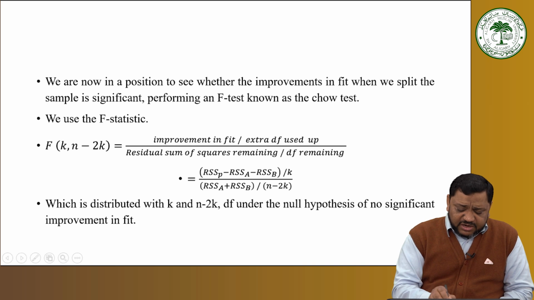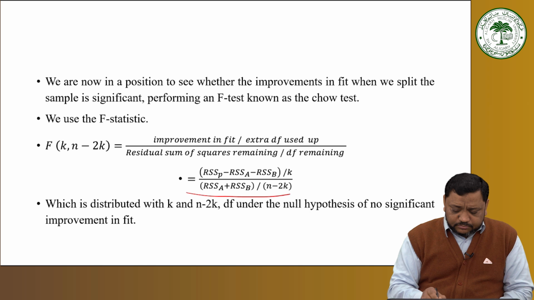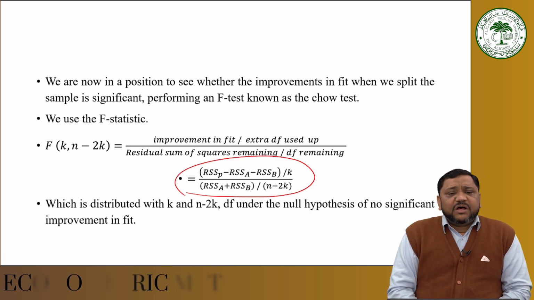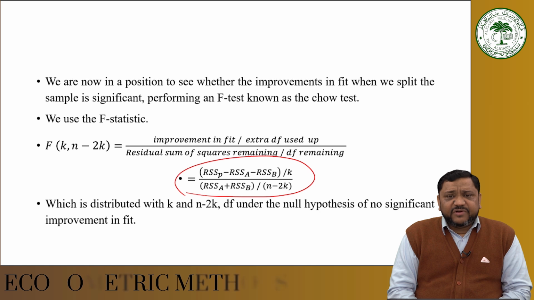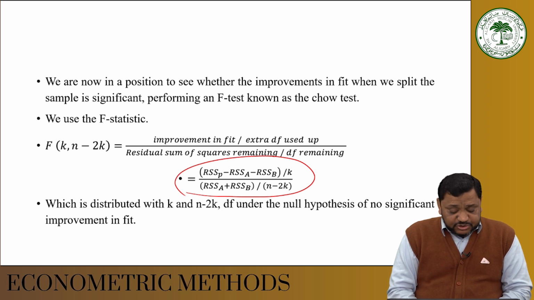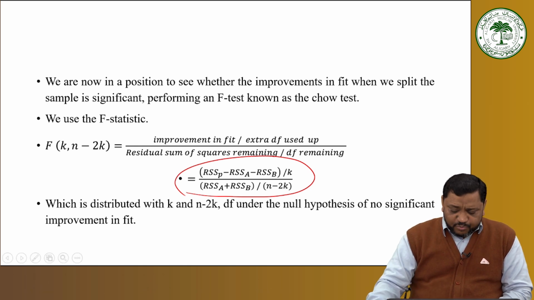More specifically, F = [(RSS_pooled minus RSS_A minus RSS_B) divided by k] divided by [(RSS_A plus RSS_B) divided by (n minus 2k)], which is distributed with k and n minus 2k degrees of freedom under the null hypothesis of no significant improvement in fit.